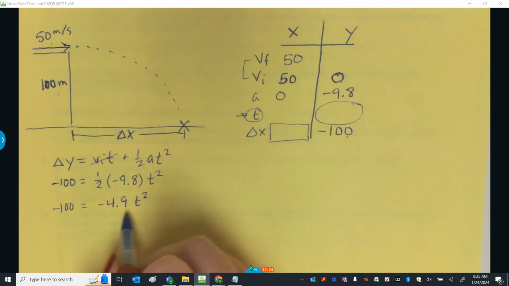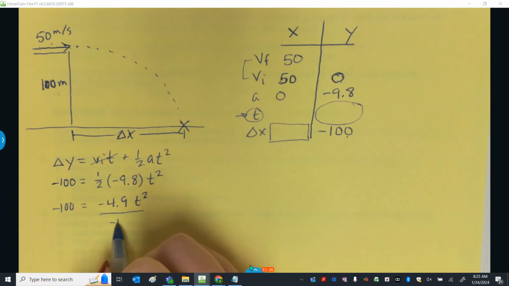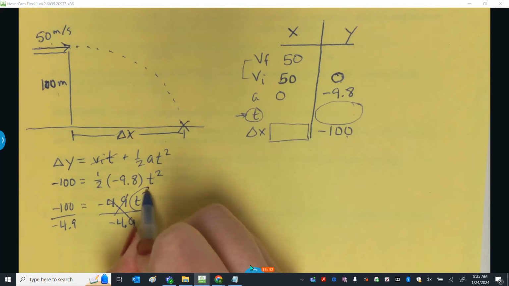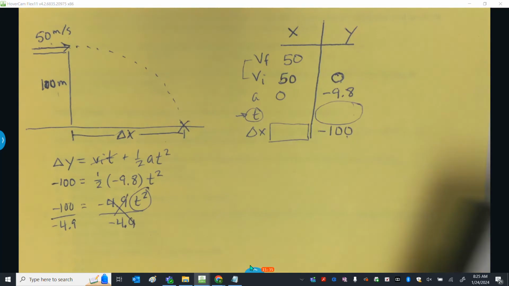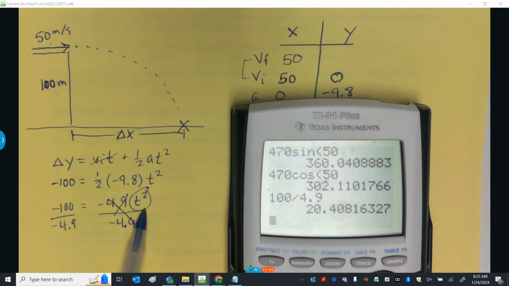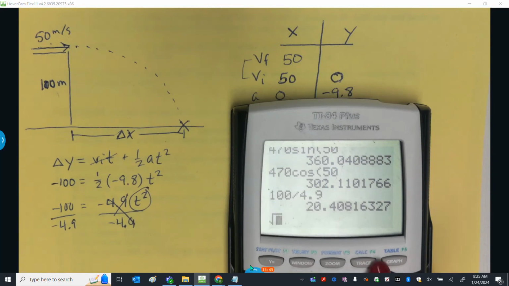Then to get T by itself, we're going to divide both sides by negative 4.9. Those negative signs are going to cancel. 100 divided by 4.9 is 20.41. But that's equal to T squared, so we need to take the square root of it.